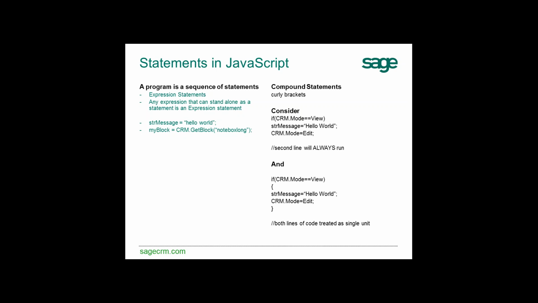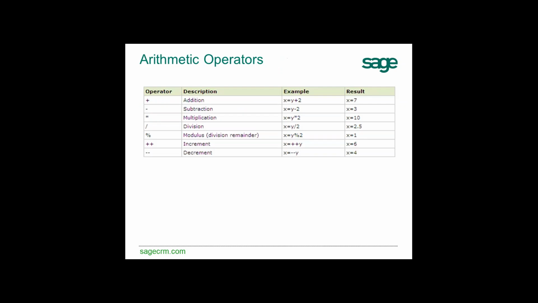That means that both lines of code are treated as a single unit. You're grouping them together and saying these are guarded by the preceding gatekeeper. So if satisfies that, you then do the compound together. And it's a very important idea. If you don't have that, then you can run risk.